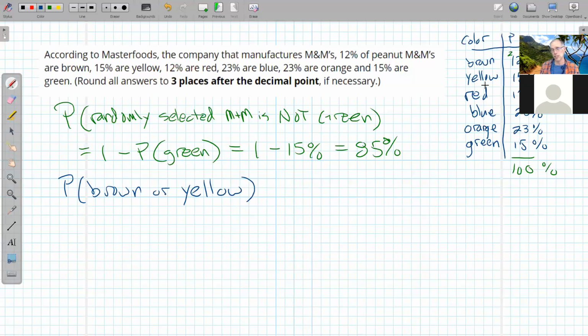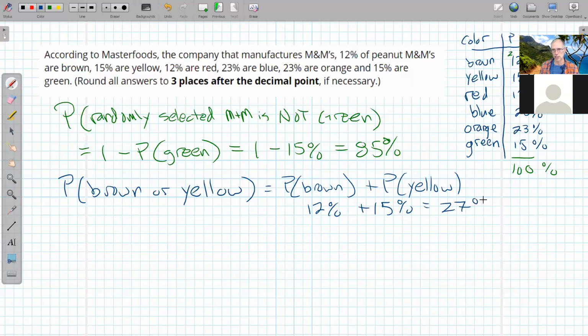Now that wasn't given as a possibility, so I'm assuming it can't be brown and yellow at the same time. So that should be equal to the probability of being brown plus the probability of being yellow. So in this case, what do we get? Brown is 12% plus 15% is going to give us a 27% chance that can happen.